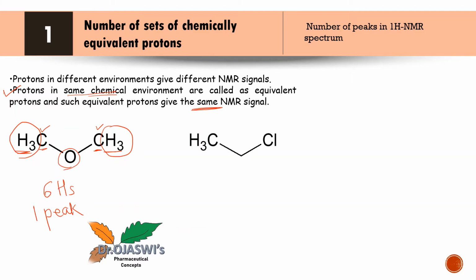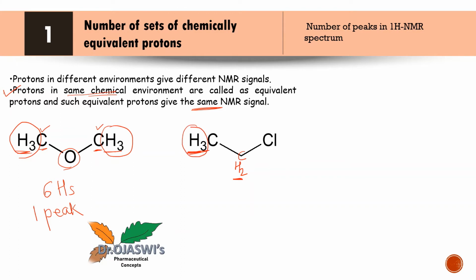Let us see the second example. So this is CH3, CH2, Cl. Now here if you see, these 3 protons and these 2 protons are in different chemical environments. Why?